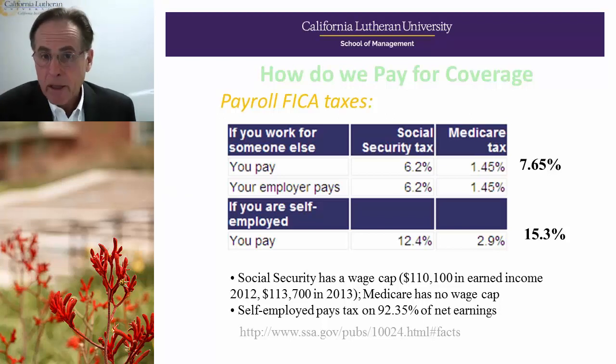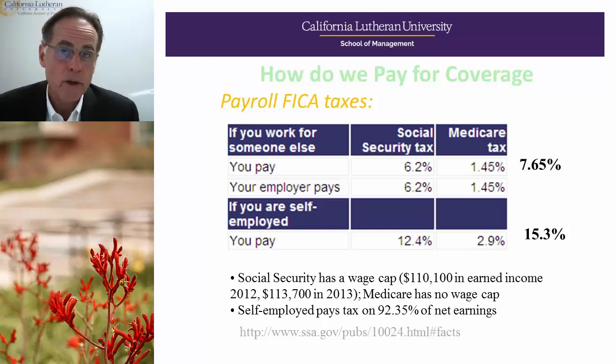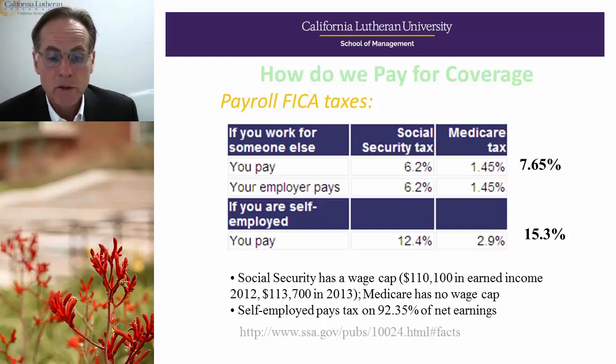So you'd be paying that 6.2% up to $110,100, nothing after that. 2013, it went up by $2,600, and you can see it's $113,700. Note that Medicare has no wage cap. Moreover, there's a surtax that we'll take a look at. You can see that the self-employed pays tax on 92.35% of net earnings because these payments come out first.